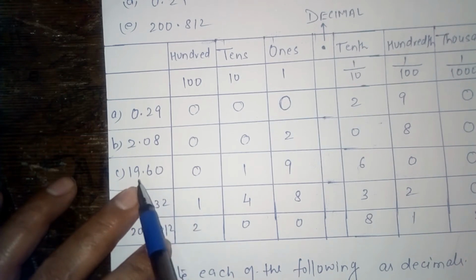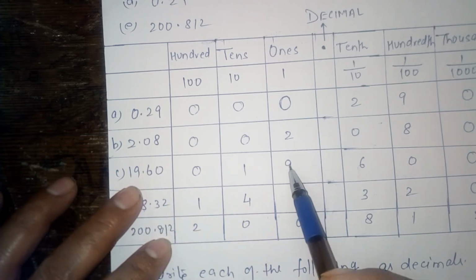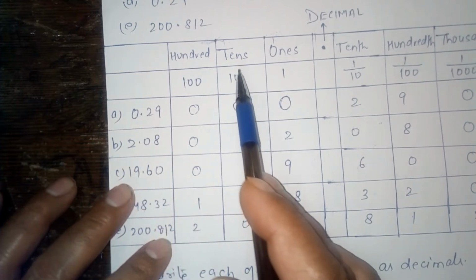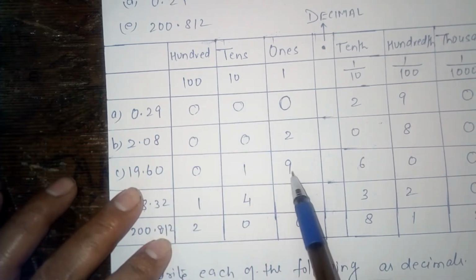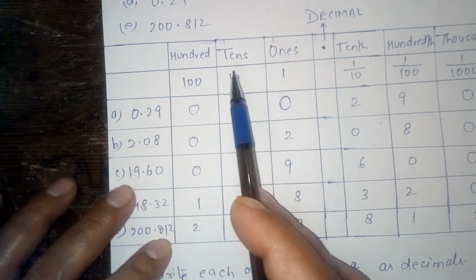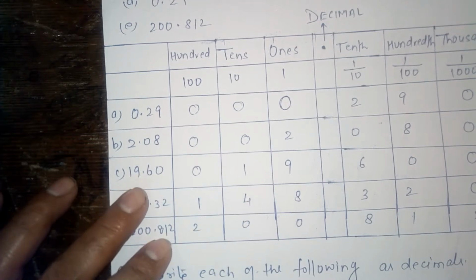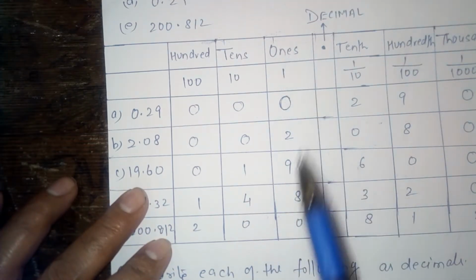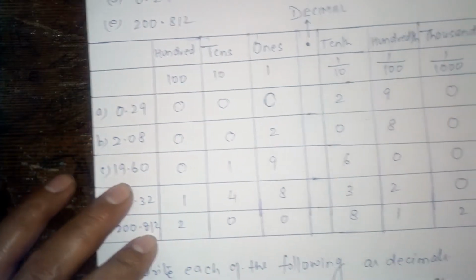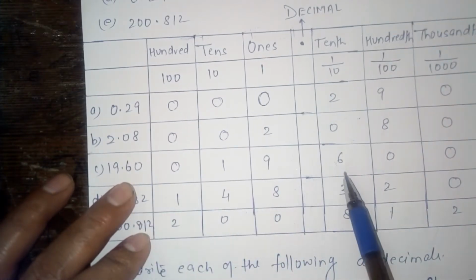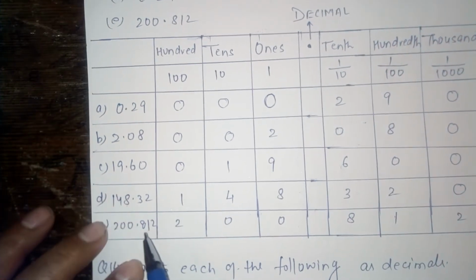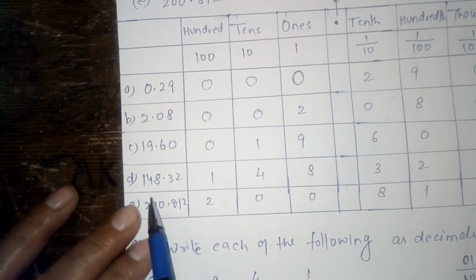As you are looking, 9 will be in the ones place, and 1 will be in the tens place. Then after this is 6, so 6 will be in the tenths place.